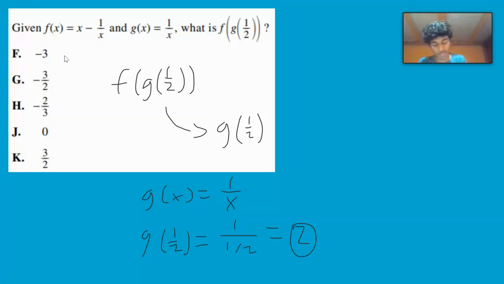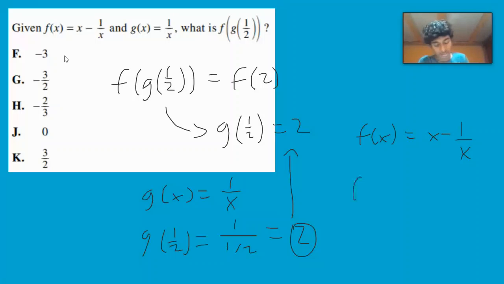So f of g of 1/2 is the same thing as f of 2. And what's f of 2? We know that f of x is equal to x minus 1 over x.